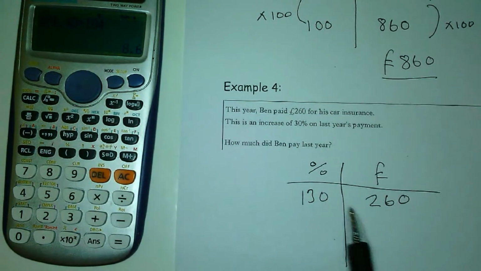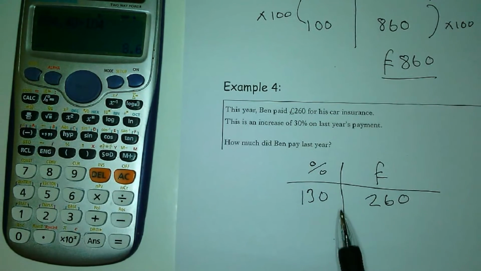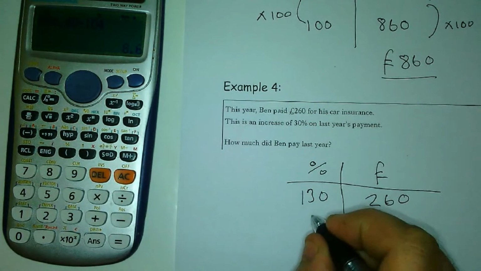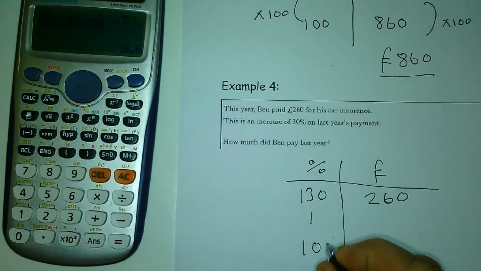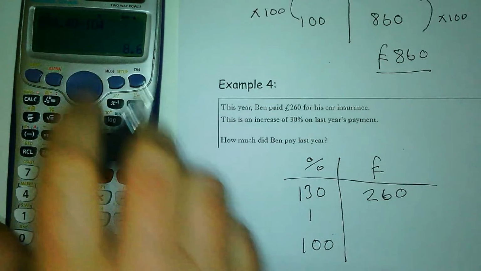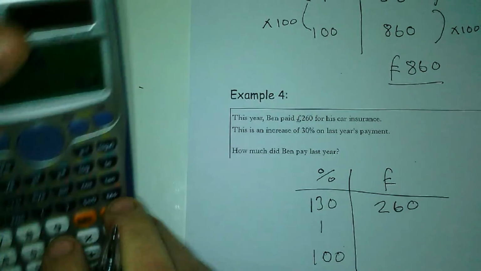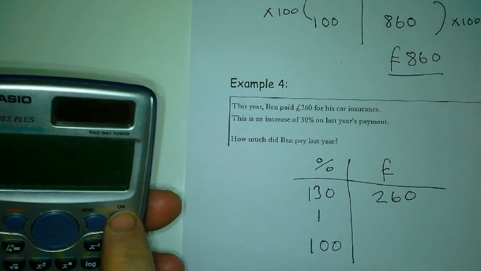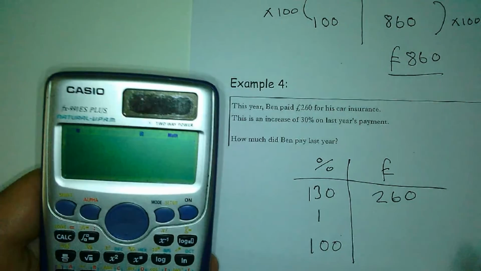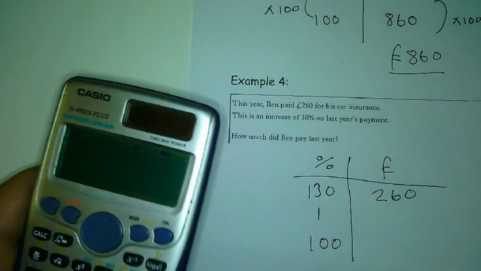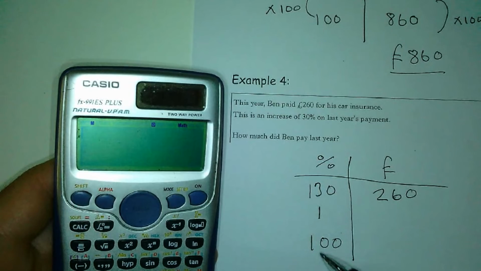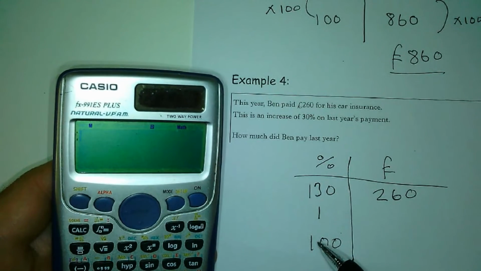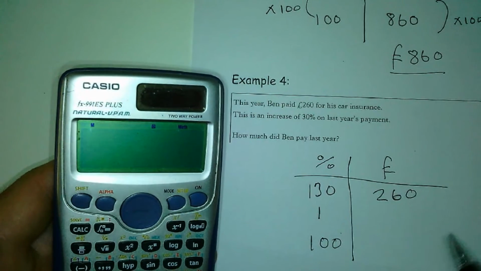This word here, increase. Okay, so going to do this, 100. Then we're just going to go through it in the calculator. Because we've just got to go back, so what I'm going to do here is I'm not going to put the things on the side. You don't necessarily need to do that, it is good practice.